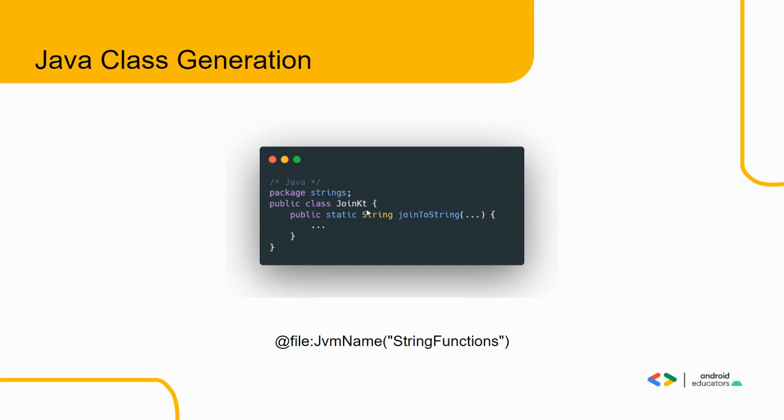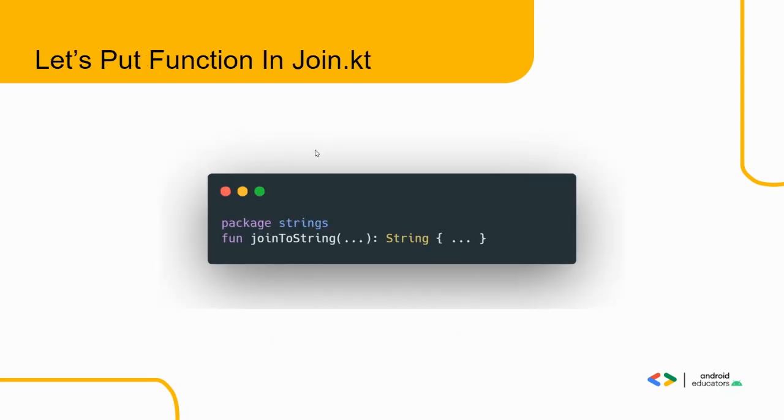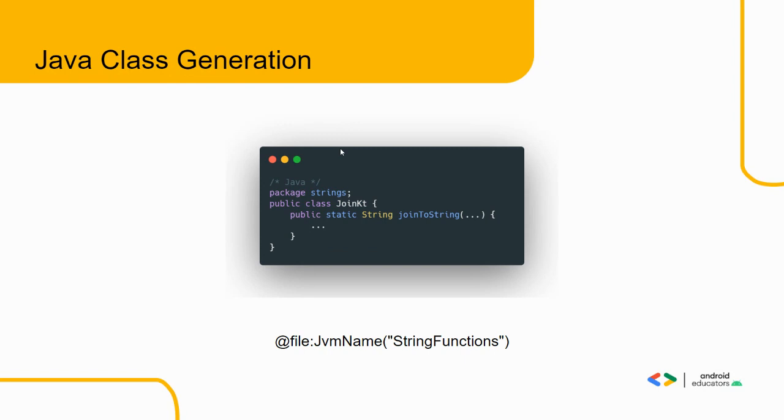Let's say you don't want to use that file name. Whatever file name you have created and provided the function in, the file name will be used as a class, which is JoinKt. But if you want to update it, you can use this annotation, which is @file:JvmName("StringFunctions").